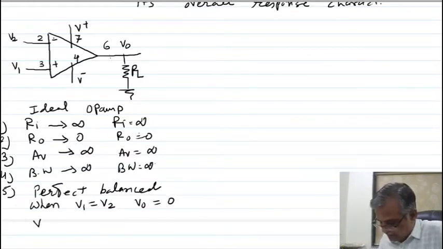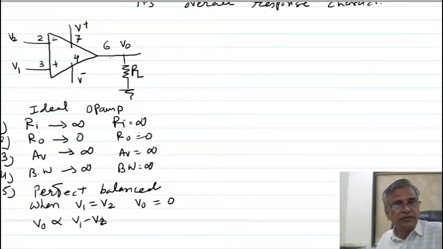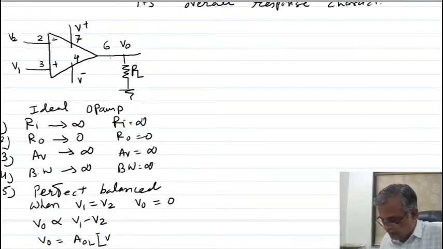Or I can write the output of the op-amp is proportional to the difference of the input signal. Or I can write output is nothing but the open loop gain multiplied by the difference of input signal. I can write like this. This is your VD.